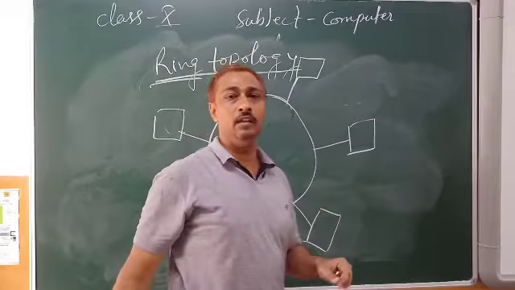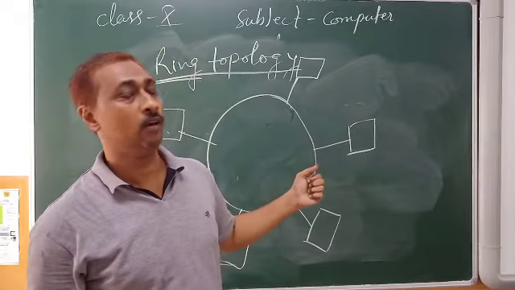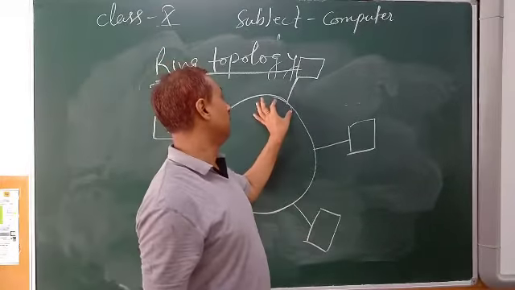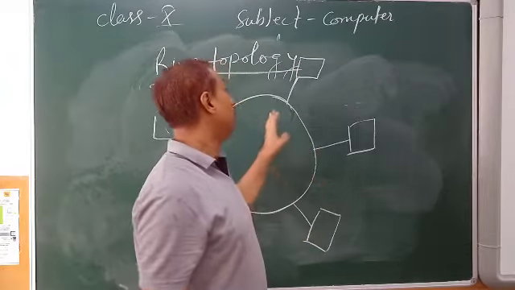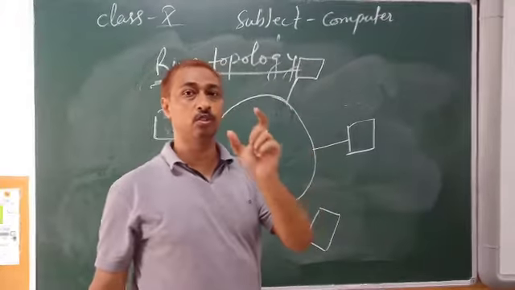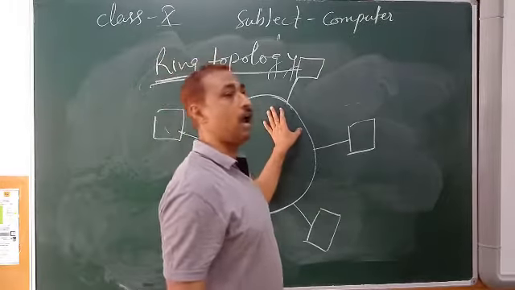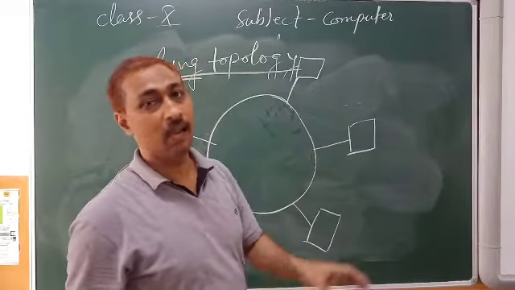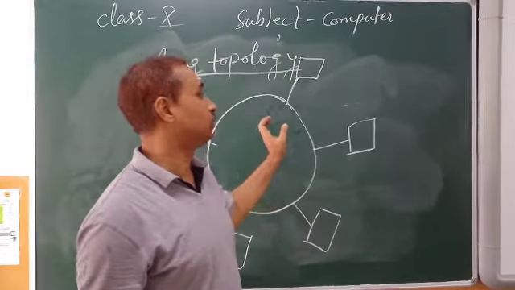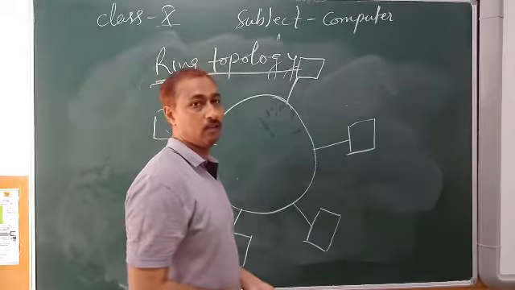In topology, we are learning the structure of the network. Here, by connecting both sides of the cable, we are removing the two stoppers, which are very low-cost devices and break very easily. That's why it was suffering.